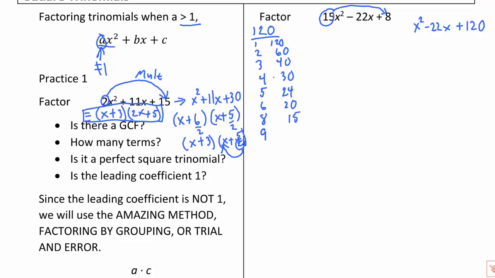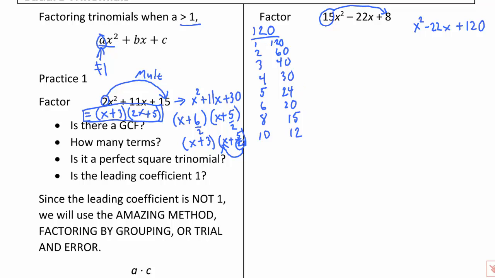Well, let's see, 9 goes into 120... no, 9 doesn't work. How about 10? Well, 10 works. 10 and 12. 11 doesn't work either, which means that these are all of the factors of 120.